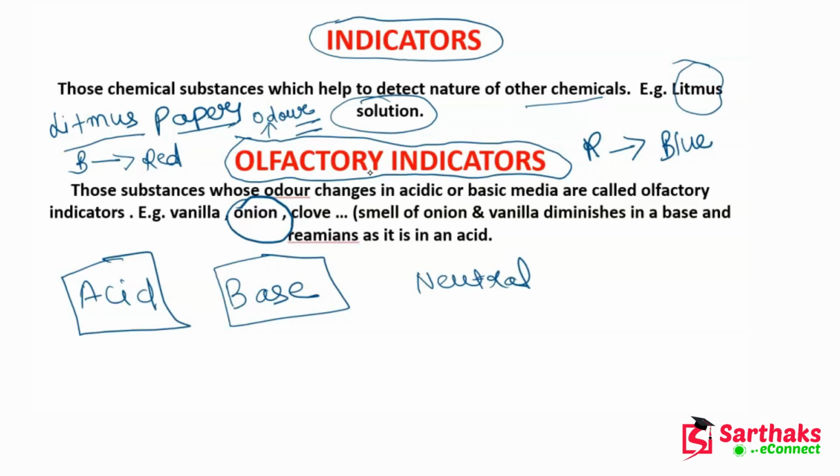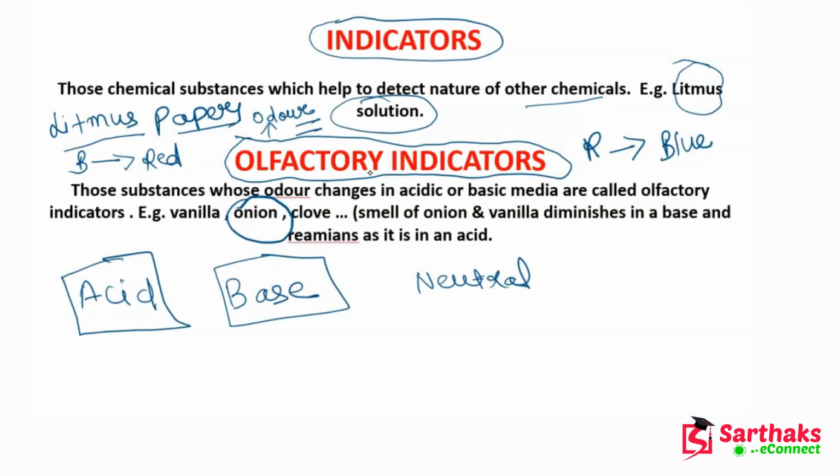But if you mix this onion paste with a base, then the smell will become different, or we will say the odor will change. So we can say that the substance which we mixed with onion paste is basic because it changes the odor of the onion paste.